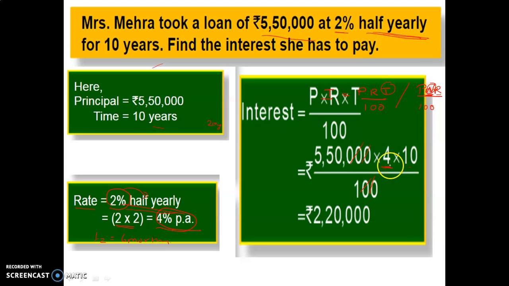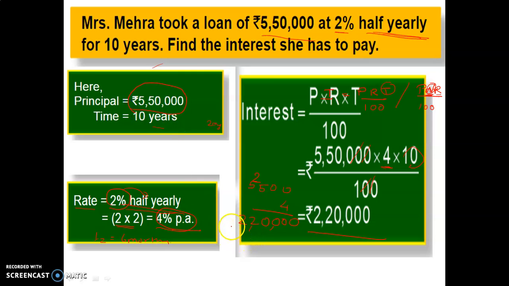So if I multiply 5,500 into 4, 5 4s are 22, along with this I have one more 0. So if I add it, I will get 2,20,000.